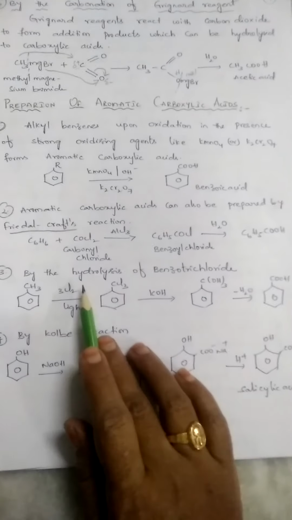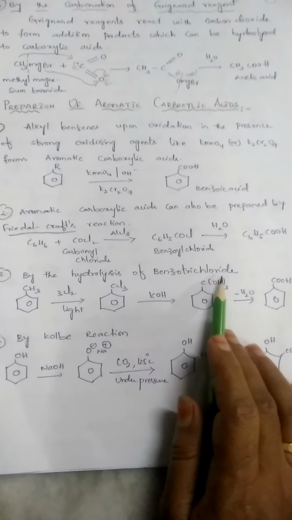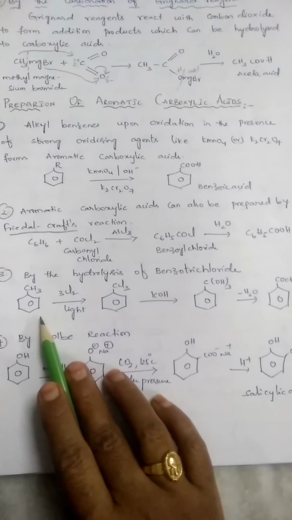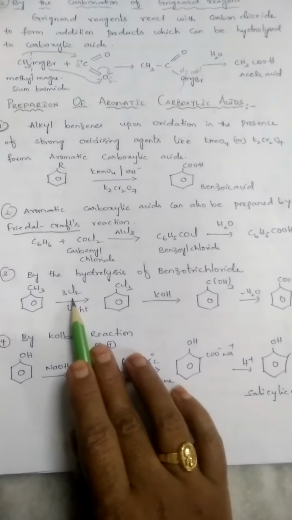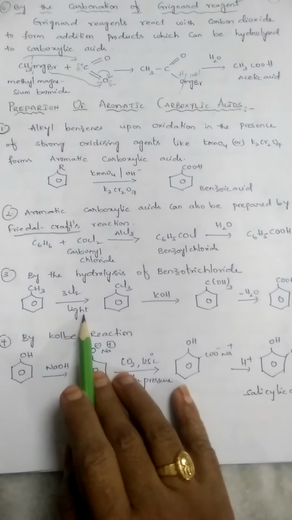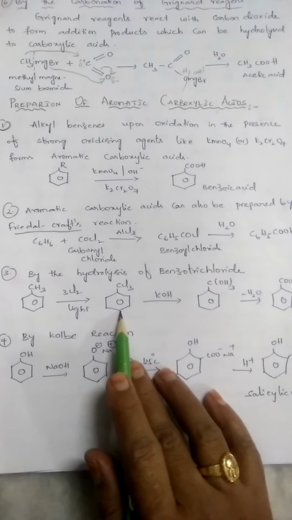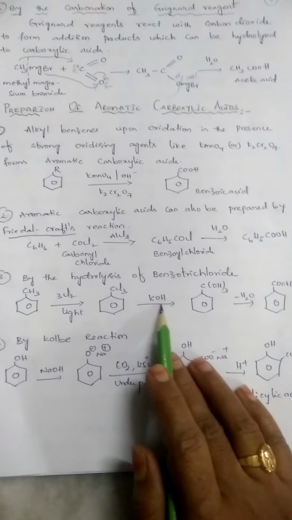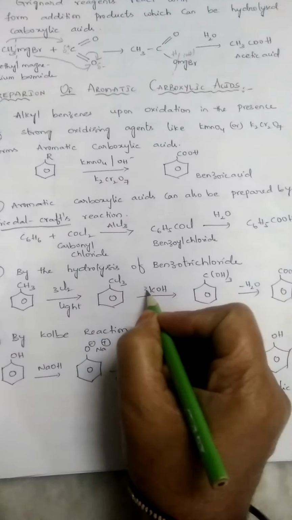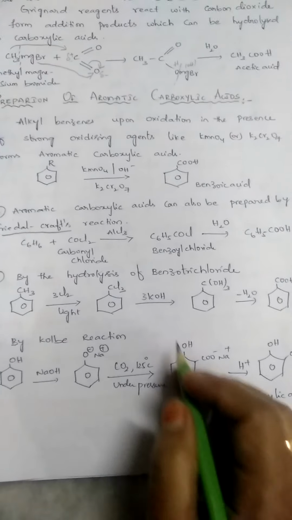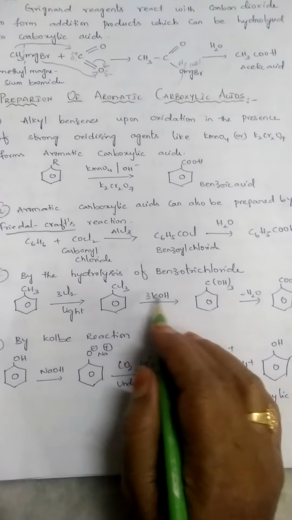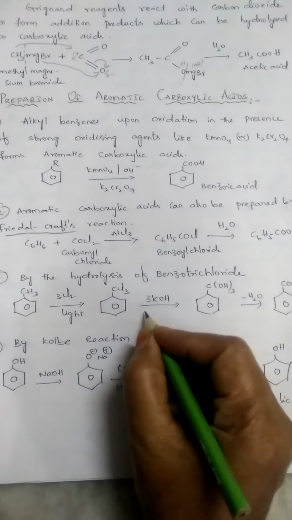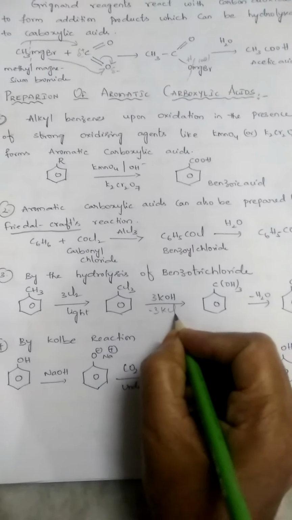Next one is the hydrolysis of benzotrichloride. So toluene upon halogenation in the presence of light, we will get trichlorotoluene, right? This trichlorotoluene reacts with 3 KOH. So these 3 chlorines are replaced by 3 K, so you may write here 3KCl.